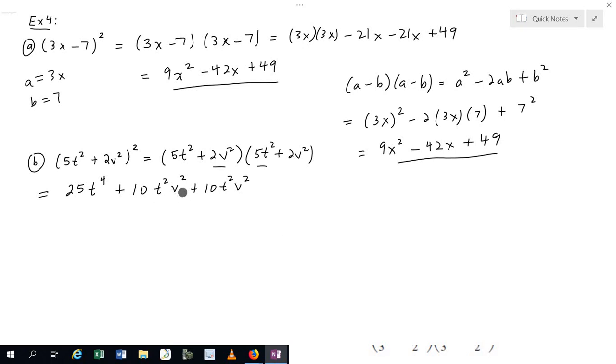So it matches this order. And then the last would be 2v times 2v, so 4, and then you would add exponents, so it would be v to the fourth. Okay, and then we can add these two like terms together. There's actually 20 of these t squared v squared terms.